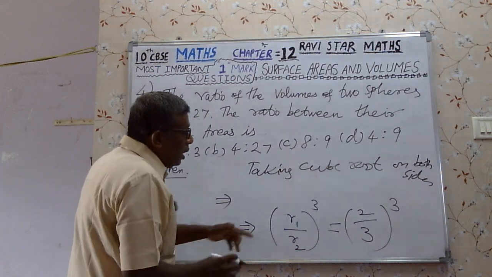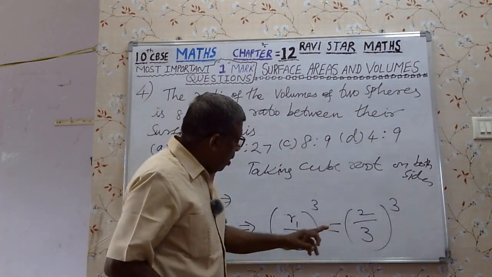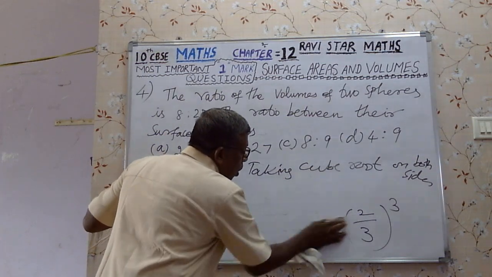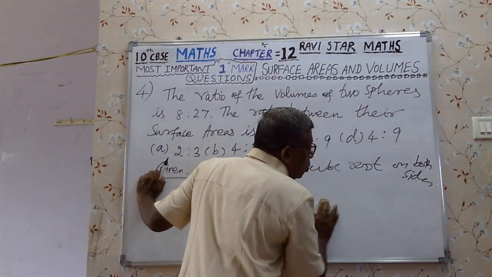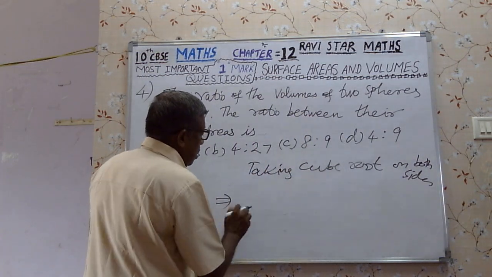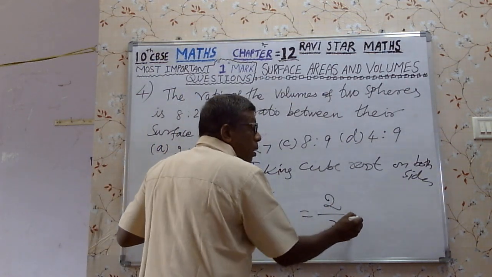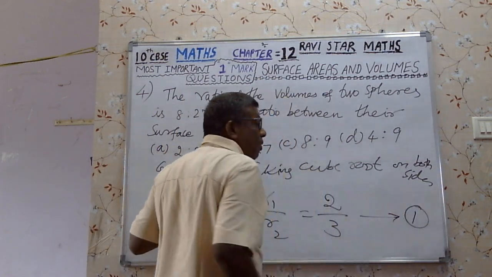What we get is r1 by r2 equal to 2/3. This is equation number 1.